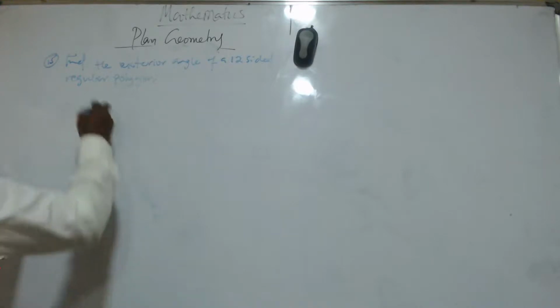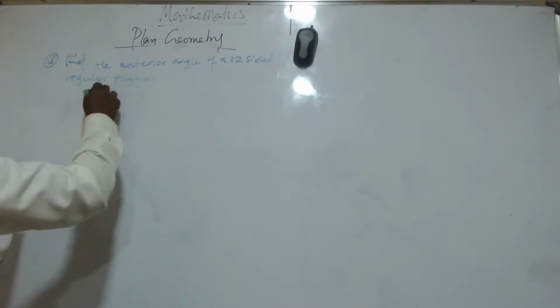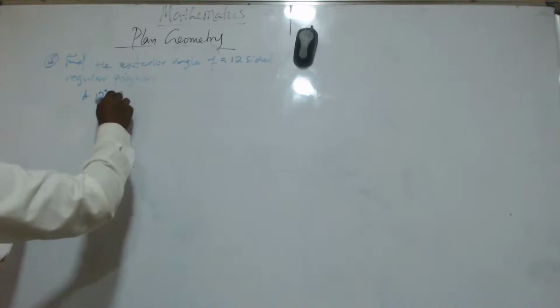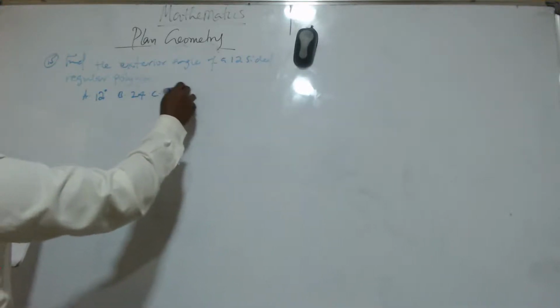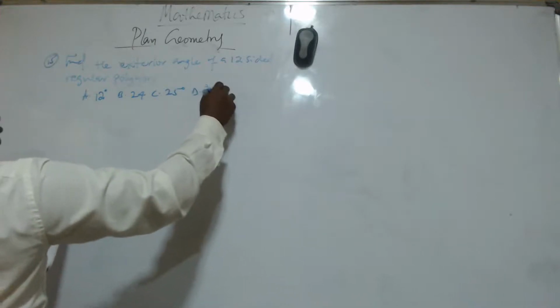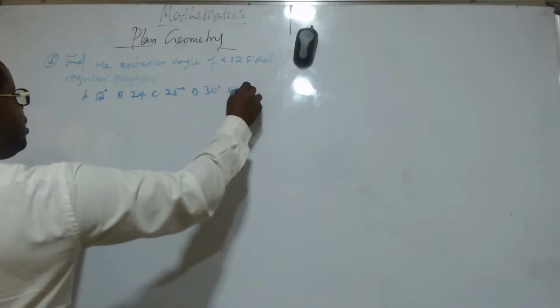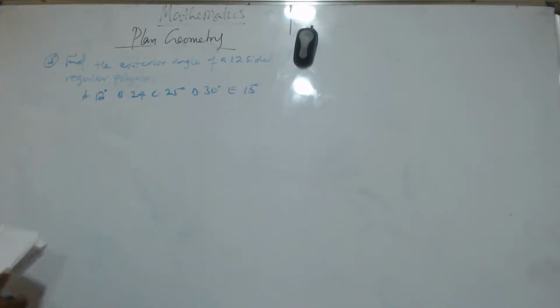We are having option A, 12, B, 24, C, 25, D, 30, then E, 15 degrees.